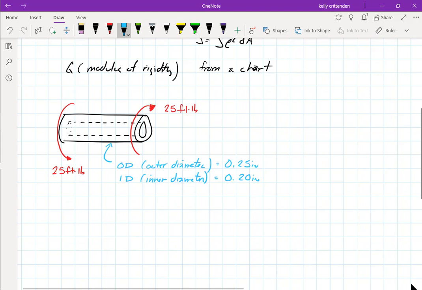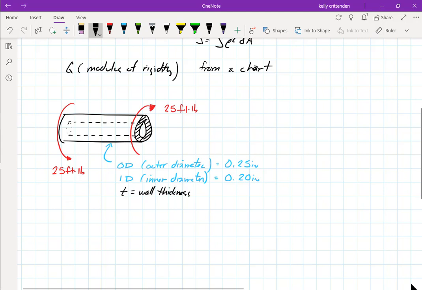So sometimes we'll be interested in the wall thickness. The tube or pipe has a wall, and a lot of times this T that we're talking about is the wall thickness.